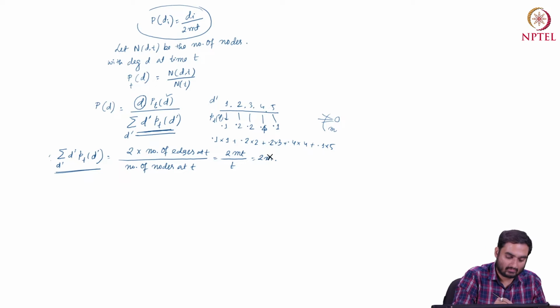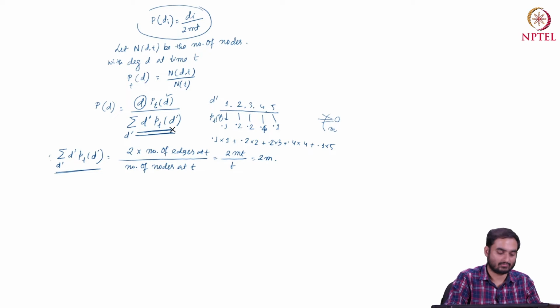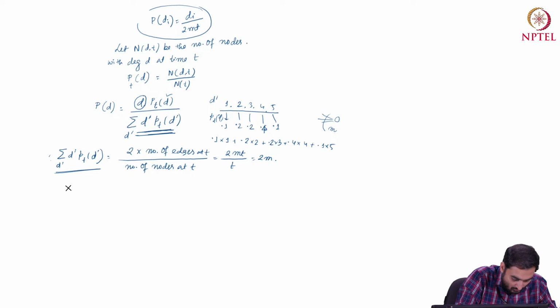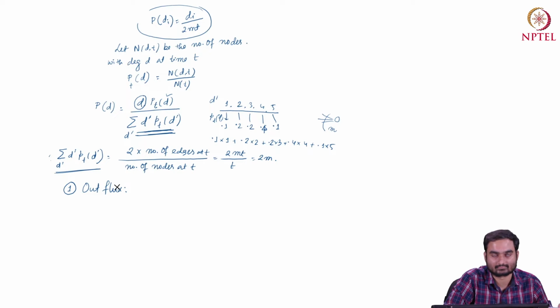Okay. So the denominator is 2m. Now let us define two quantities. The first one is called outflux. What is outflux?